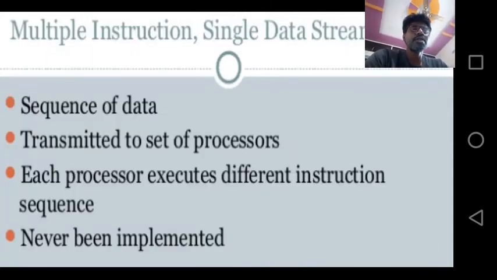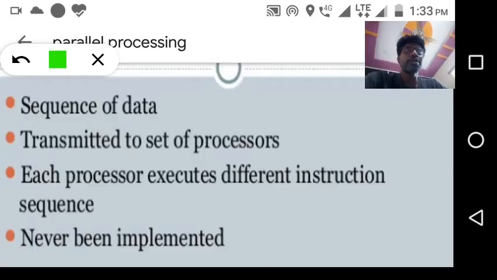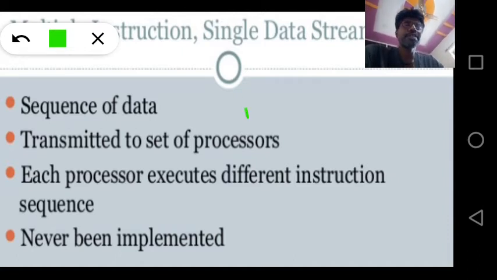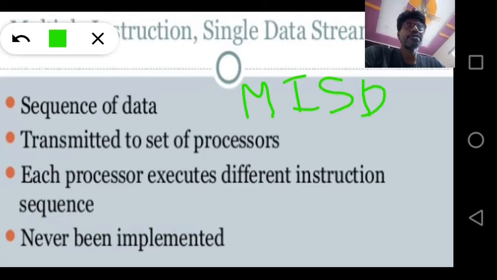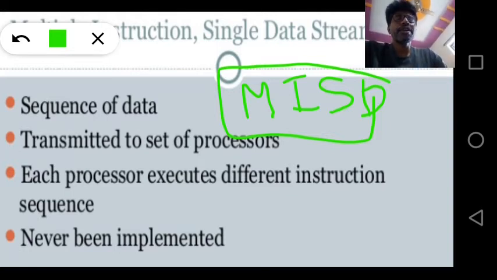Next we see, although not much popular but still with some significance, multiple instructions on single data, MISD. So in MISD, how do you get that?